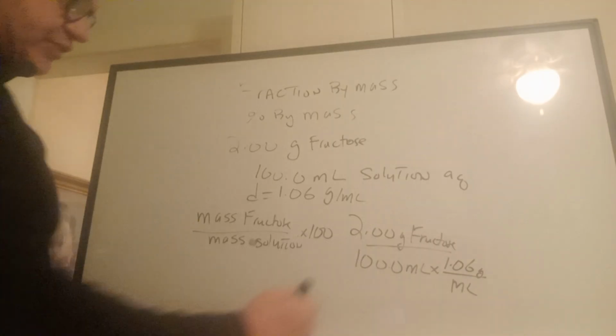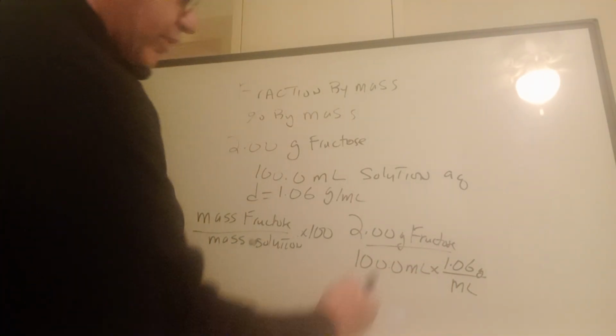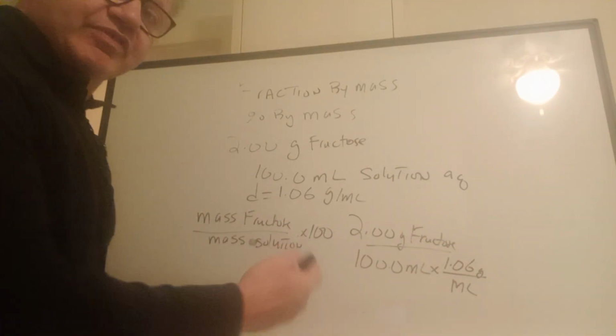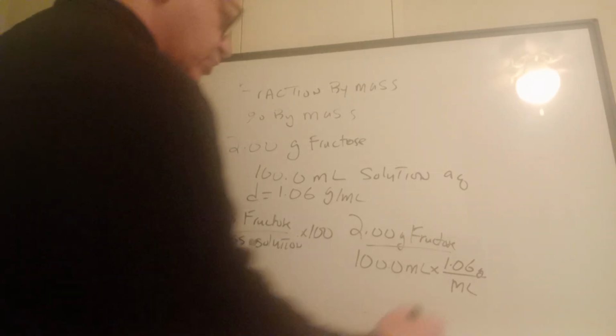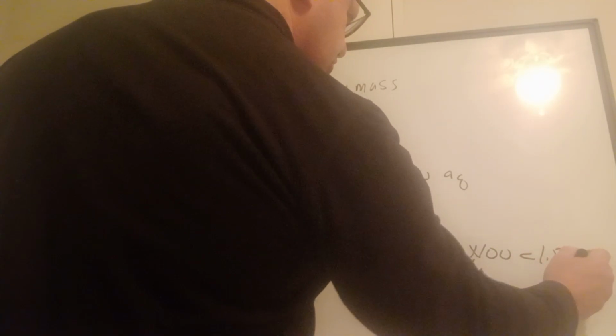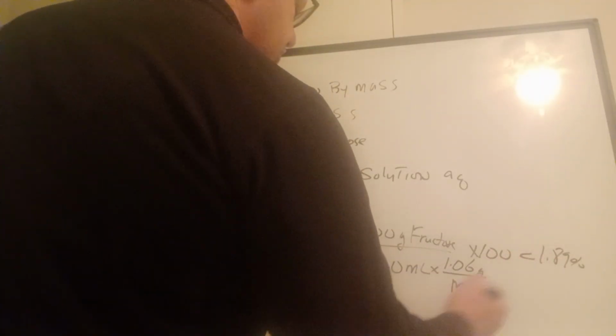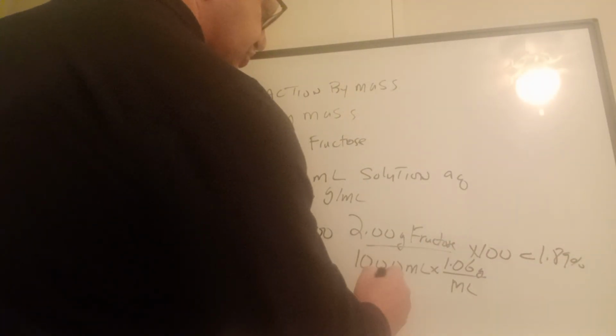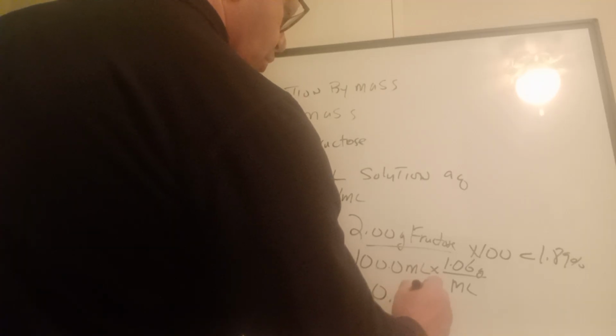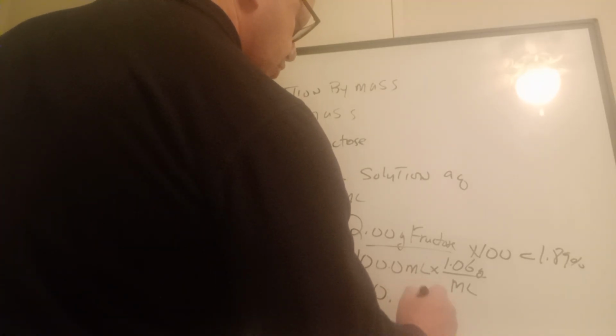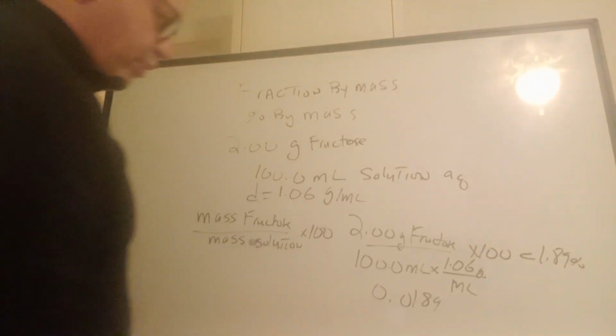In this case, the milliliters will cancel, and we're left with grams over grams, which cancel. We have to have the same units. And so if you want a percentage, that's times 100. That will give me 1.89% fructose. And if we wanted just a fraction, it would be 0.0189, just 2 places. So that could be the other way of reporting it.